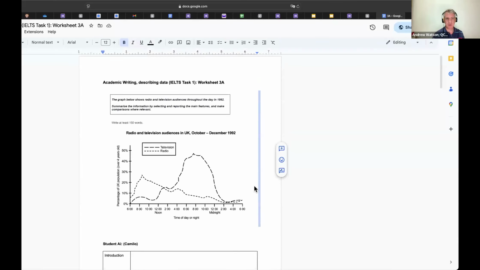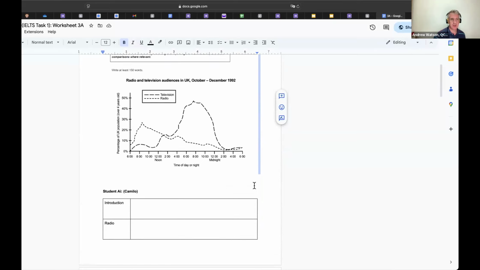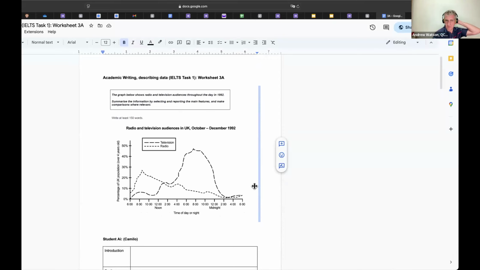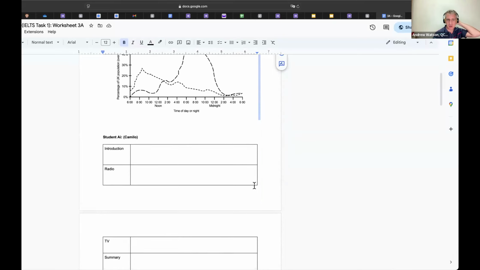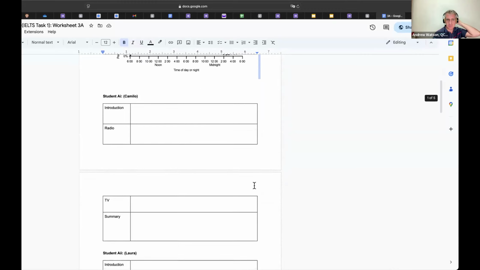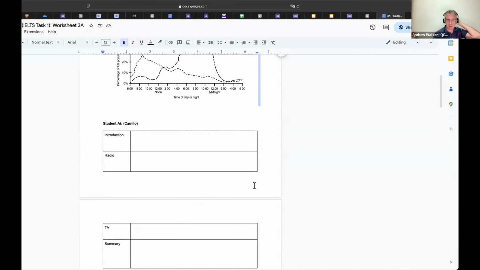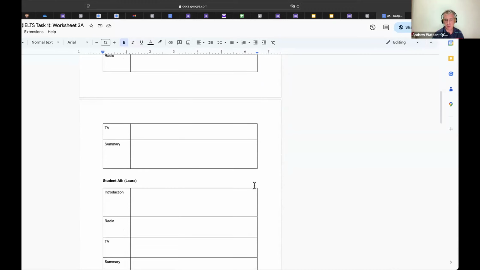So, you give the students like a template. Now, we talked about templates in our writing before. Group A could do worksheet A, which has an introduction, radio, TV, and summary, right?